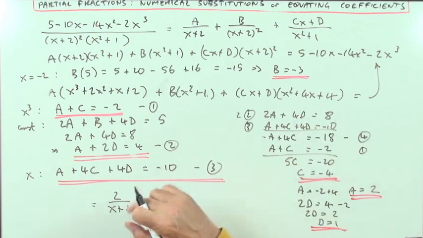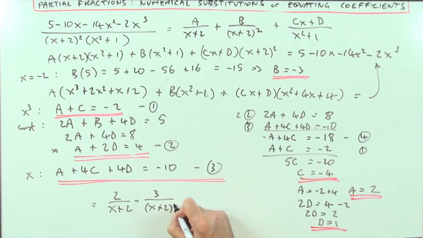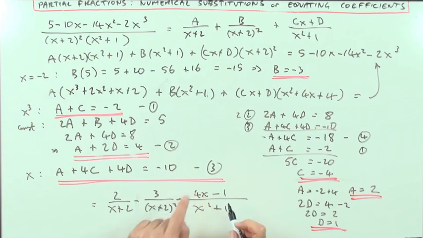B is negative 3, minus 3 over x plus 2 squared, and over x squared plus 1, I had c, which was negative 4. Oh, there's a thing. Rather than writing negative 4x plus 1, I think I'll write negative of 4x minus 1, because subtracting the negative 1 gives me the same coefficients.